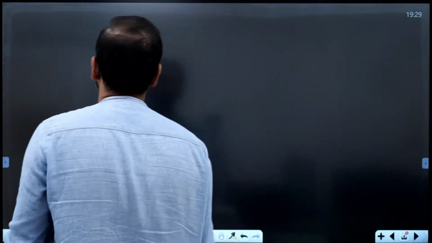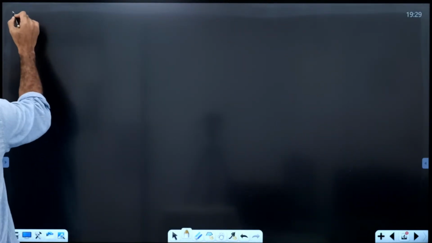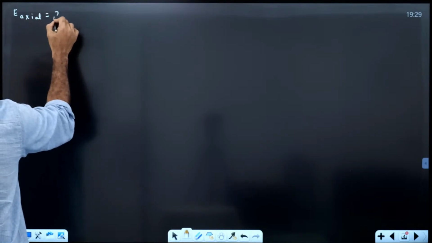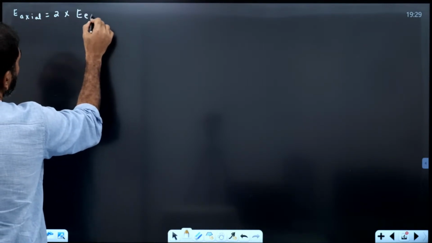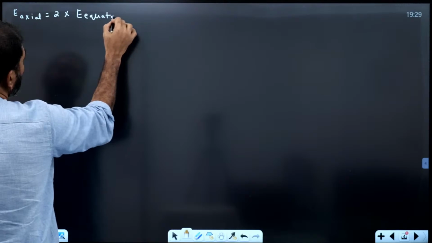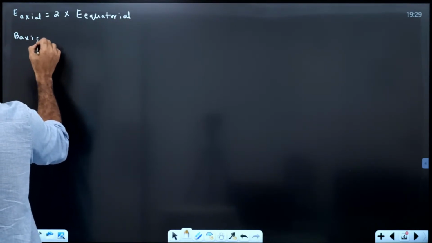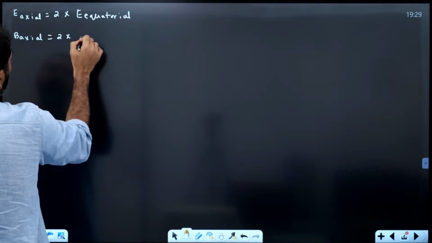Okay, let's continue. Now, in the electric case, E axial is equal to 2 times E equatorial. In a similar way, B axial is equal to 2 times B equatorial.